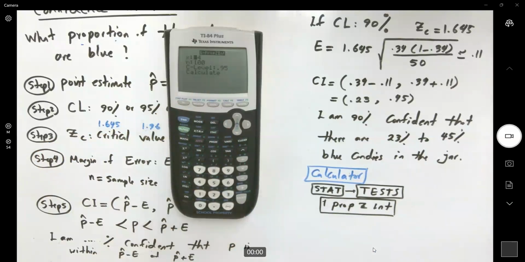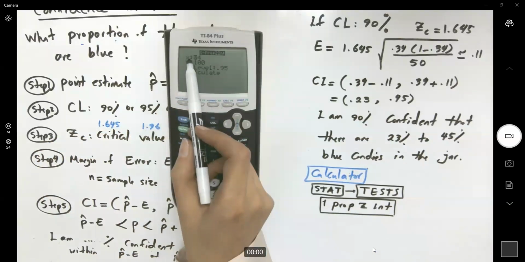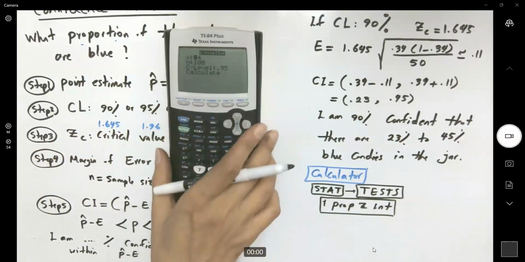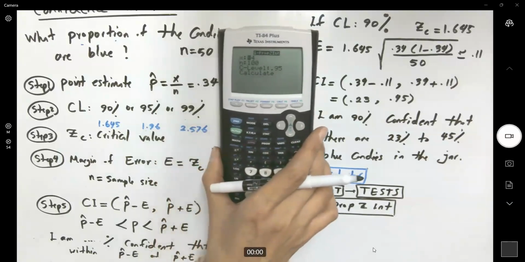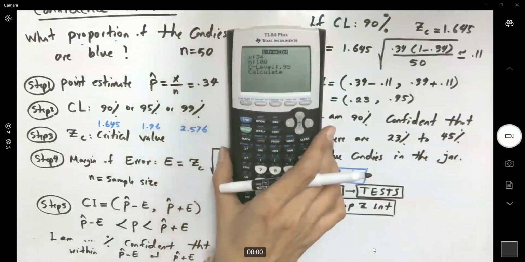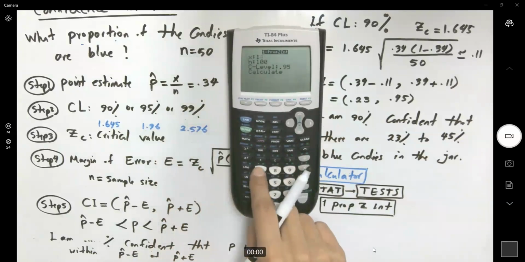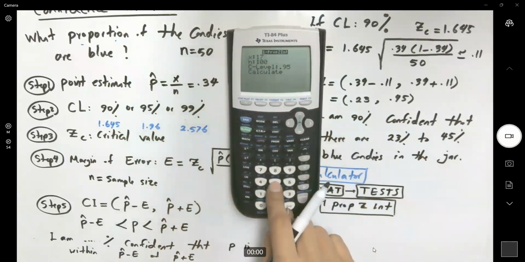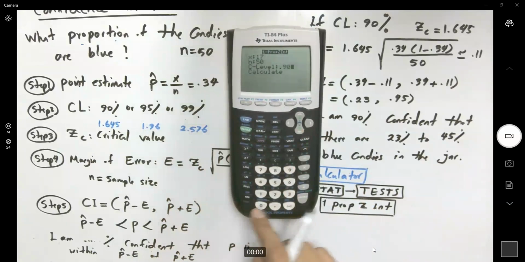Click on one proportion Z interval. Well, you need to find your X, you need to find your N. Well, we already did that. We already know that here we had 17 blue candies in a 50 candies sample. The level of confidence is 90%.